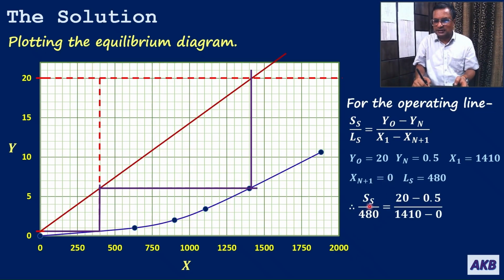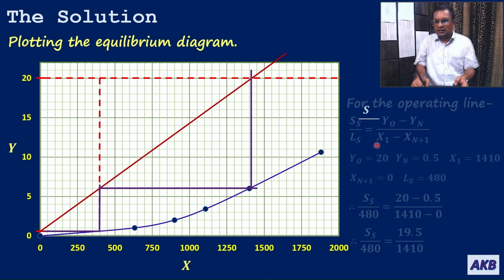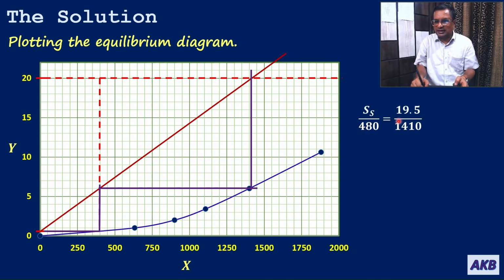So it would be SS upon 480 equal to 20 minus 0.5 divided by 1410 minus 0. That is SS upon 480 equal to 19.5 divided by 1410, that is SS upon 480 will be equal to 0.014.